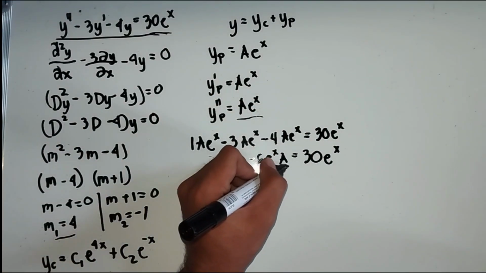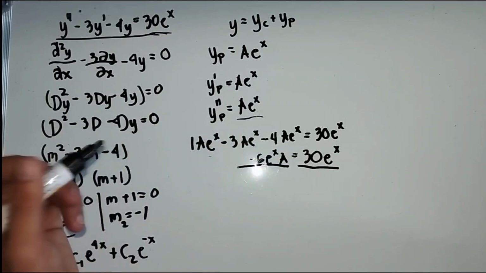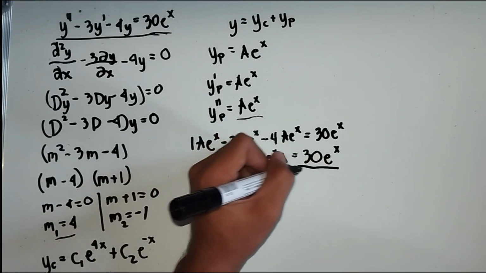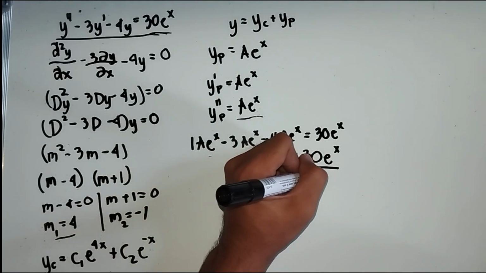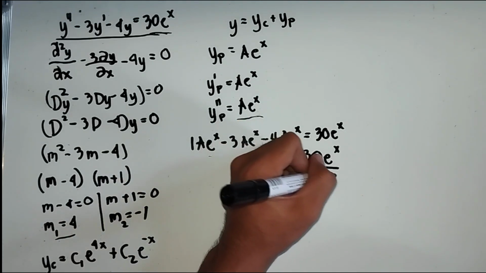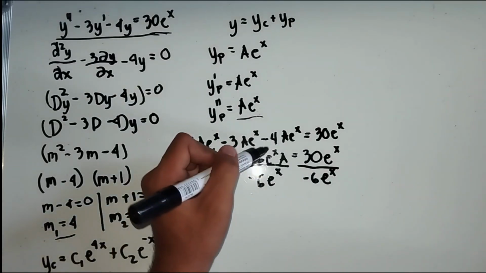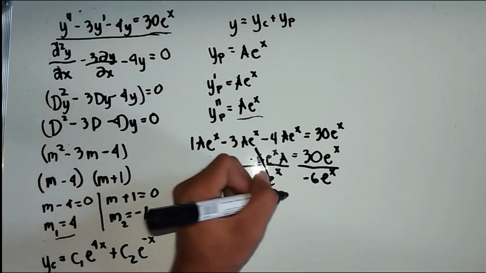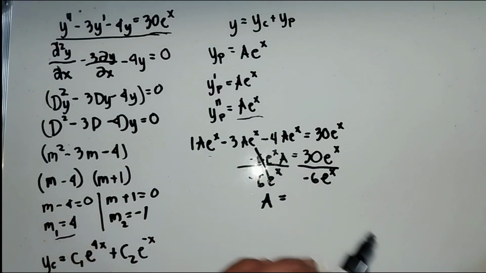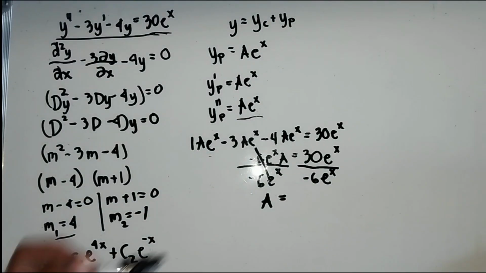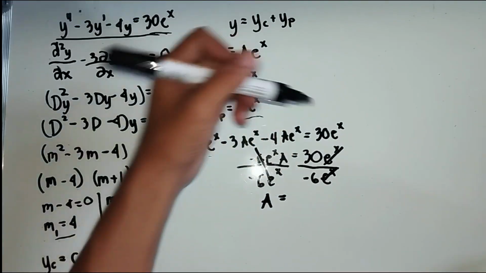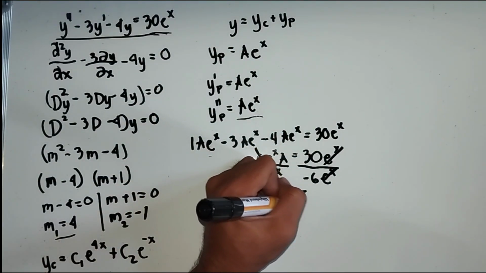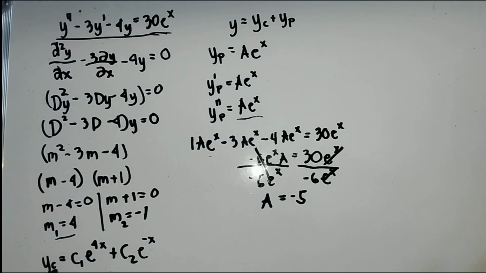We divide both sides by negative 6 e to the power of x, so the e to the power of x cancels, and we're left with a is equal to 30 divided by negative 6, which gives negative 5.